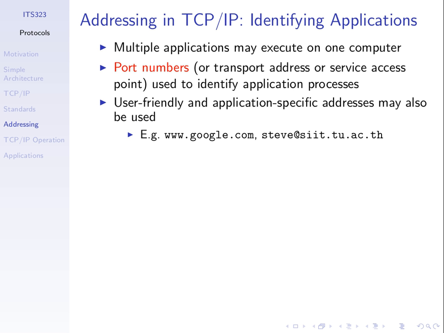The fourth type of address you'll come across may be classified as user-friendly addresses or application-specific addresses, like email addresses, domain names. Skype may have a specific type of address format for their application. Some instant messaging applications have address formats, usually following email addresses or login names.